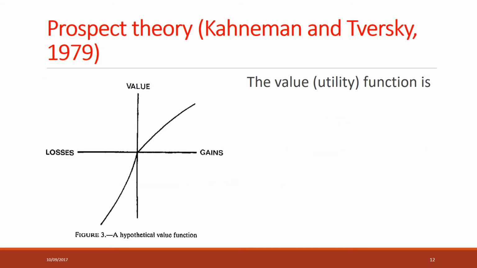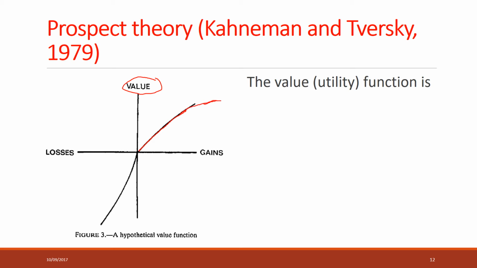So this is the modification of the utility function, value is utility, yeah, by Kahneman and Tversky in 1979. And this is basically the summary of the prospect theory, yeah? So if we look at the right hand side of the model, this is a concave function, which is not very clear to see, right?